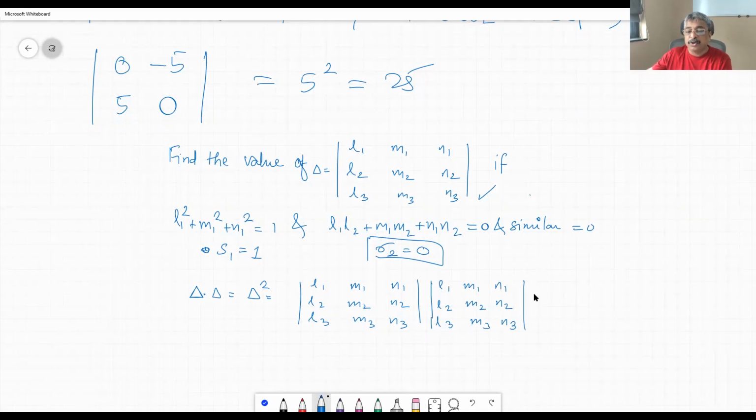And if you do this row into row, you are going to get L1 square plus M1 square plus N1 square, L2 square. Diagonal elements will be 1, 1, 1, together with L1 L2 plus M1 M2 plus N1 N2. Every other element is 0, 0, 0, 0, which is equal to 1. Therefore, delta is equal to plus or minus 1.